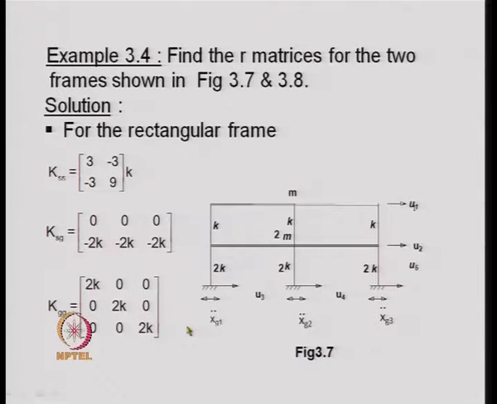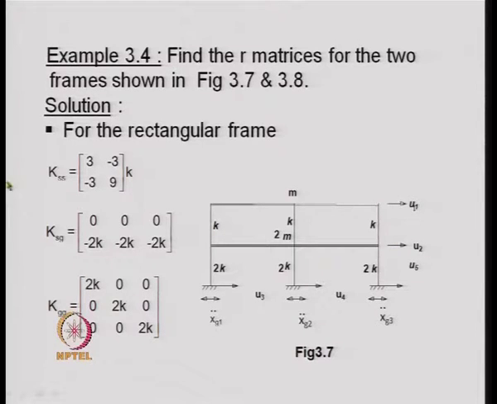So, we had shown an example for this in the previous lecture. This is a frame in which we had three ground excitations at three different supports, and these were the two degrees of freedom which are the non-support degrees of freedom.